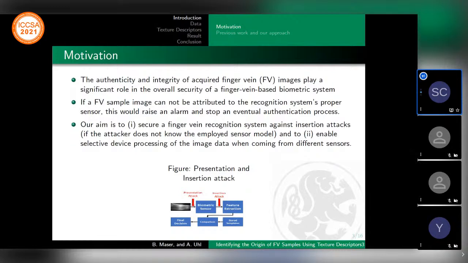We have two aims. The first one is to secure a finger vein recognition system against insertion attacks. We see here an example of an insertion attack in the figure. And the second aim is to enable selective device processing of the image data if it's coming from different sensors. In our case, it will be different image databases.